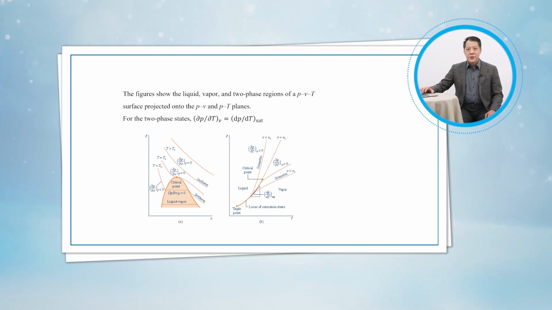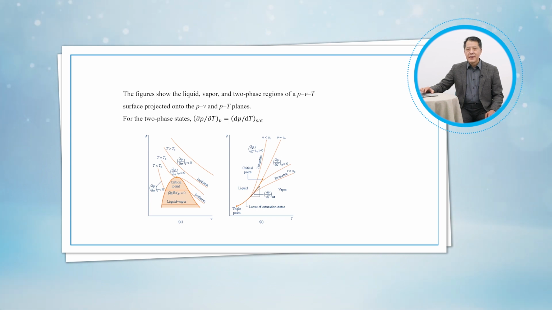Figure B shows the liquid and vapor regions with several isometrics superimposed. In the single-phase regions, the isometrics are nearly straight or are slightly curved, and the partial derivative is positive at each state along the curves.